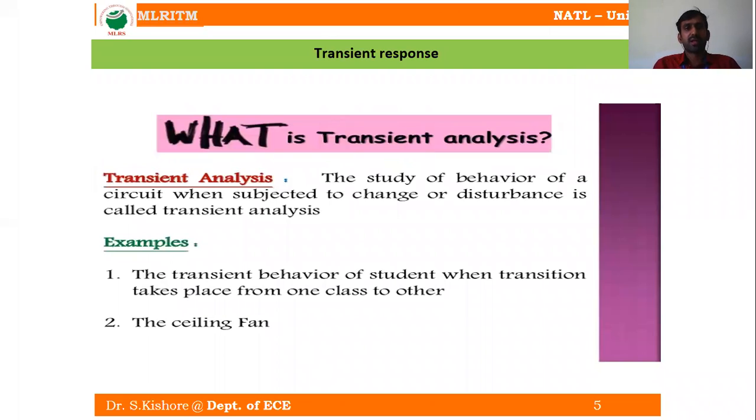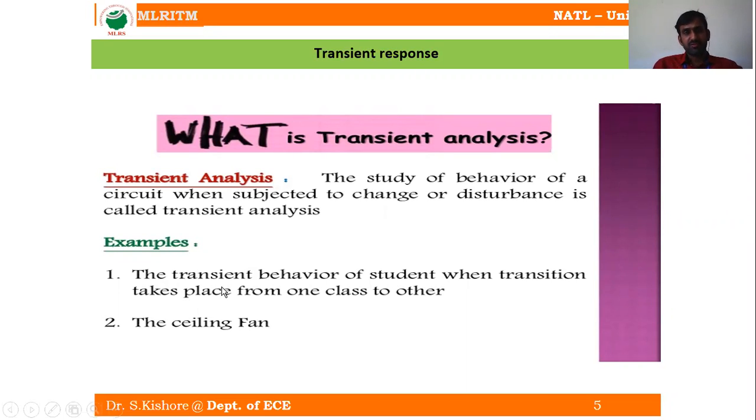So what do we mean by transient analysis? The simple definition is the study of the behavior of a circuit or a network when it is subjected to a change or disturbance. That is nothing but the transient analysis, or we can say the transient behavior, right?